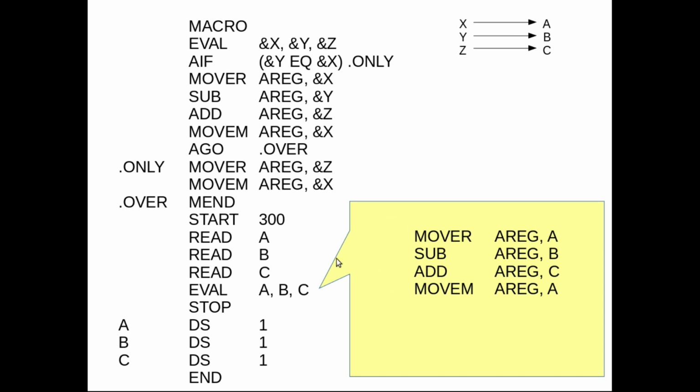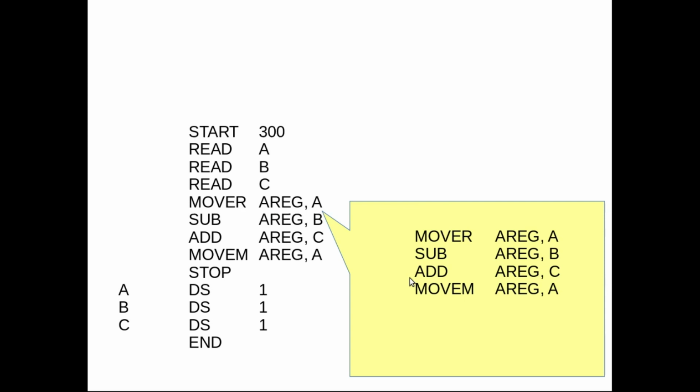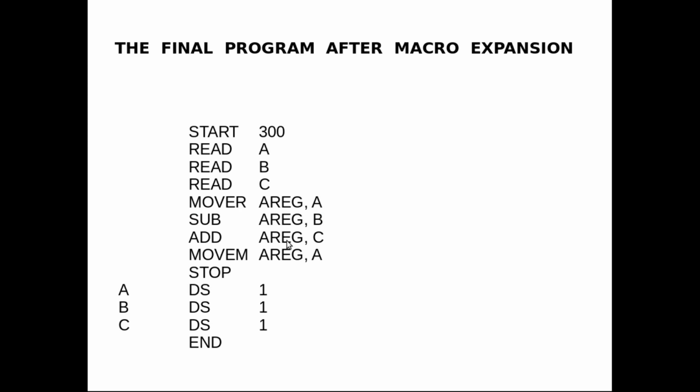So in the final expanded code, only the model statements will appear. The macro preprocessor statements, they don't appear in the expanded code. So this is the final code we have after macro expansion. So now I can just remove the macro definition, I can remove the macro call, and in place of this macro call I can put these 4 new lines, and that's my final program after macro expansion.